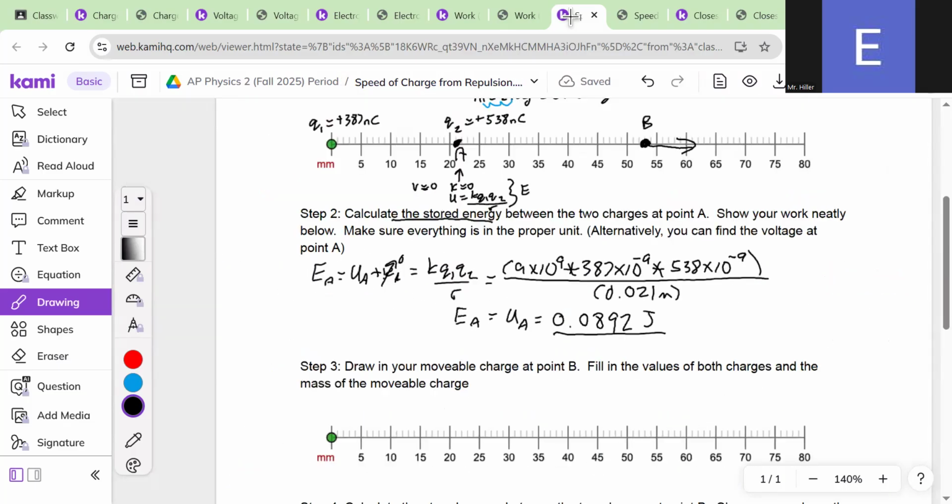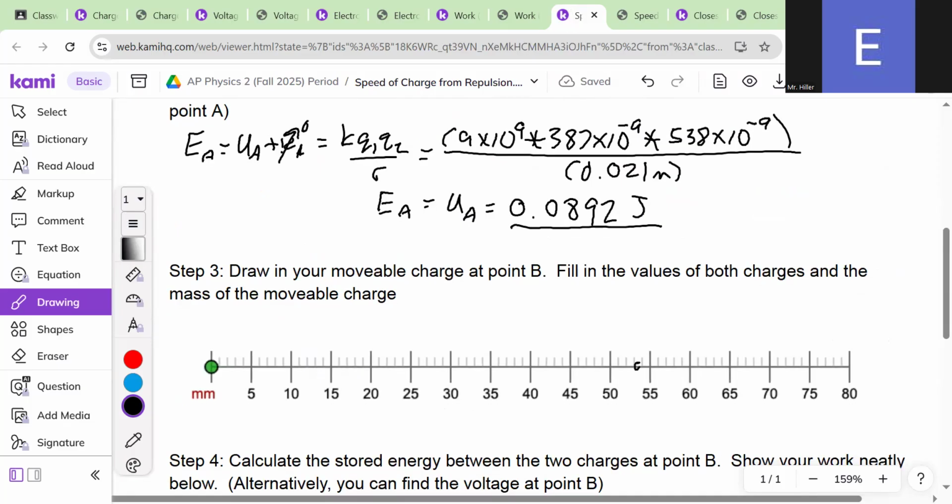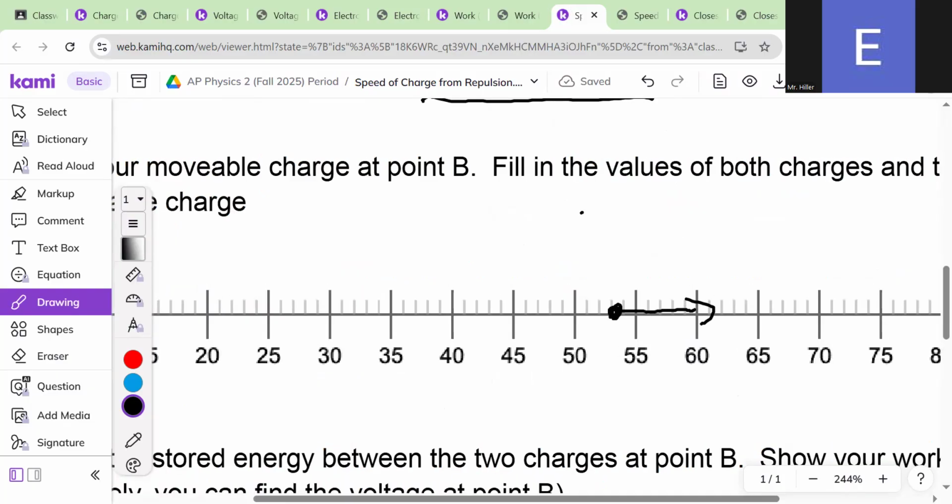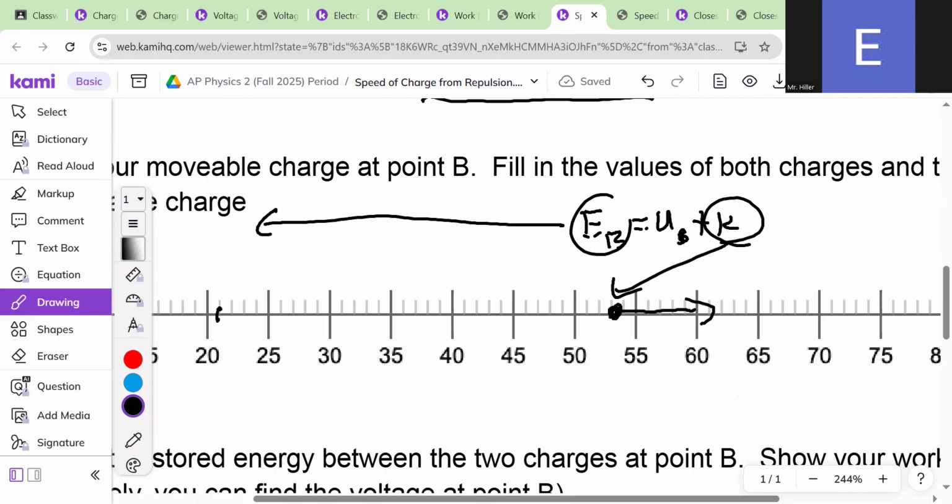Okay, that's the energy at point A. Now at point B, my charge moved to 53 and it's moving, which means the total energy at B is now going to be the potential energy at B plus the kinetic energy. It's going to have kinetic energy because it's moving. Now, the total energy has to remain the same. So the total energy at B is the same as the total energy at A, which we just found.